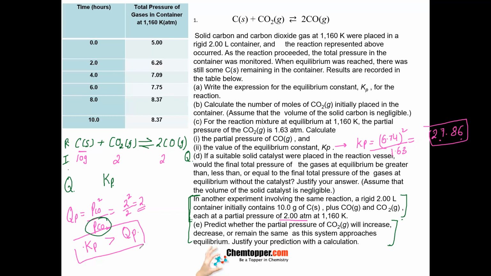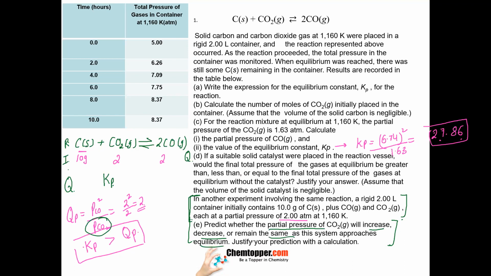Yes, now it is going to shift in the right direction. Yes, Ashwin. Good, good children. Arya, your answer? Your understanding? Fine. Okay, good. So now answer this question. Predict whether the partial pressure of CO2 will increase, decrease or remain the same.